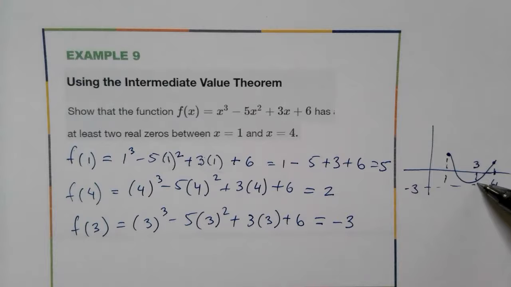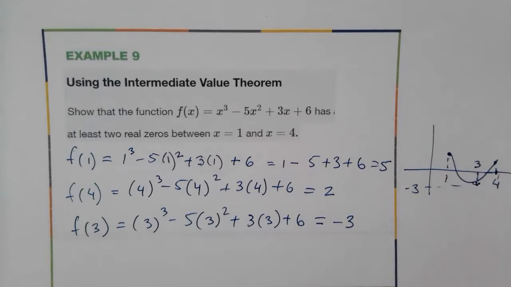So that means that the function crosses the x-axis once between those two values. And also I have negative at x equals 3, and positive at x equals 4. So again, the change in sign means that the function crosses the x-axis there once again.